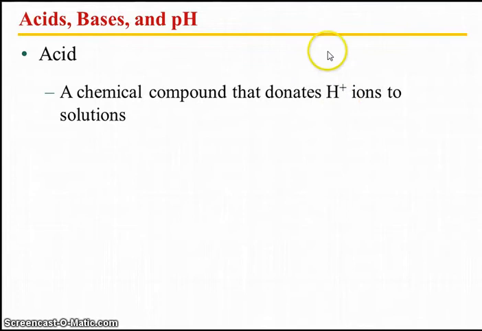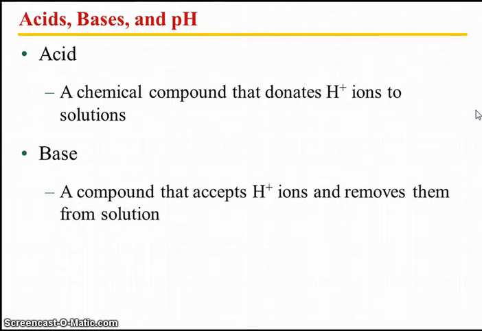Acids, they put more H plus in the solution. So when they get in there, a hydrogen ion dissolves off, goes into your water. Bases do the opposite. When they get in there, they take hydrogen ions from the water. They take them out of solution.